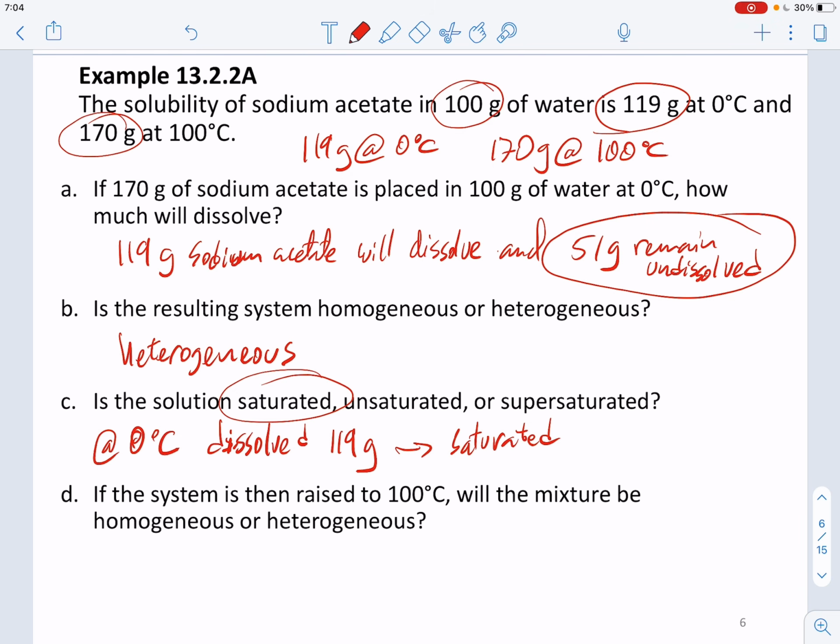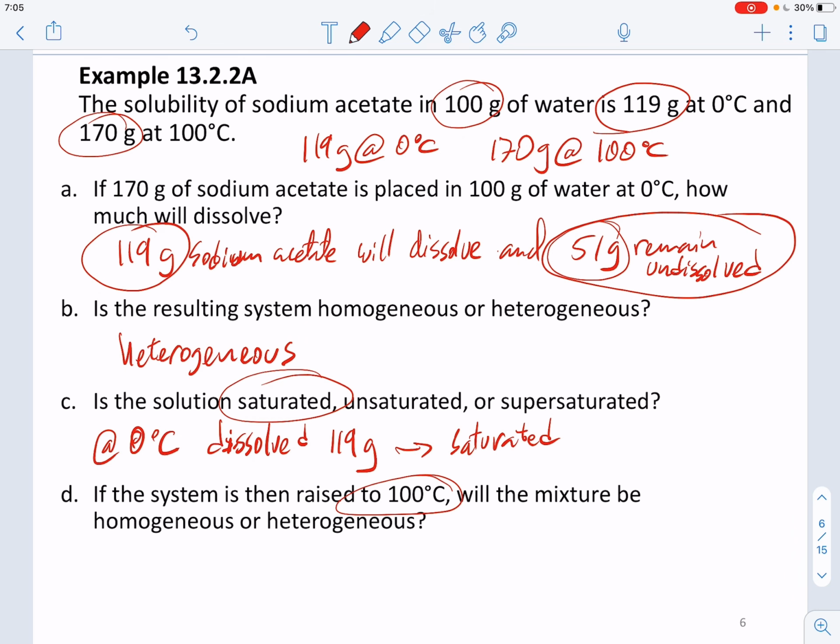Now, if you haven't separated anything, you still have your container, you have the saturated solution on top of the solid, the 51 grams that are still undissolved. What happens if you raise the temperature to 100 Celsius? Well, you started with 170 grams, 119 that are dissolved, and 51 grams that are still out of the solution. If you increase the temperature to 100, you are increasing the solubility to 170.